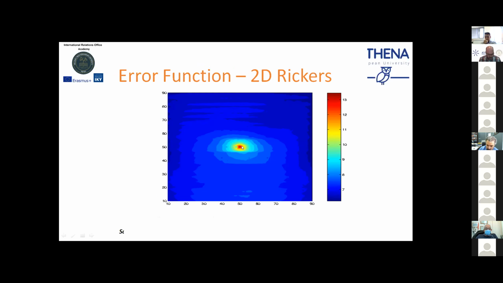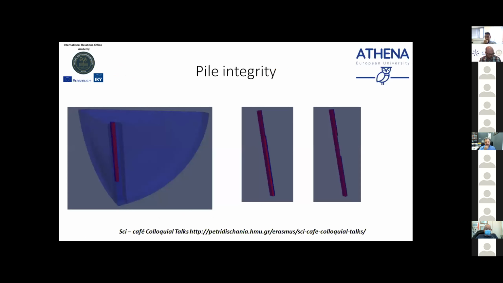Well, our last application in this direction was the impact echo technique applied to pile integrity. Impact echo means an impact at the head of the pile is propagating and reflected from the pile.